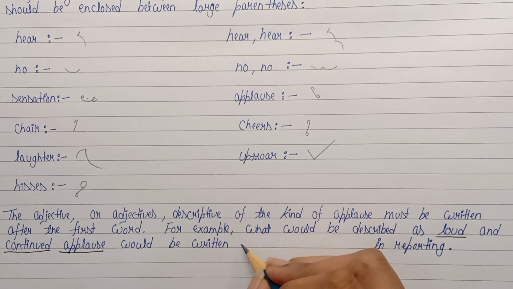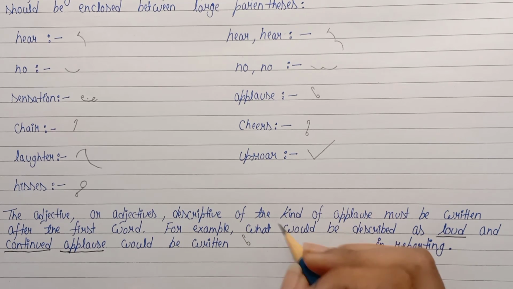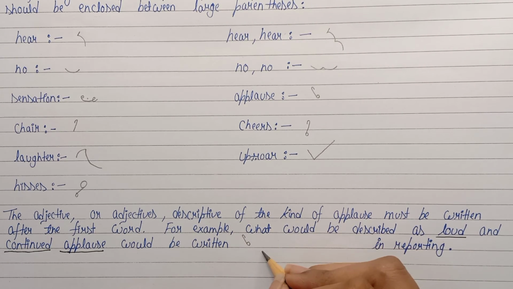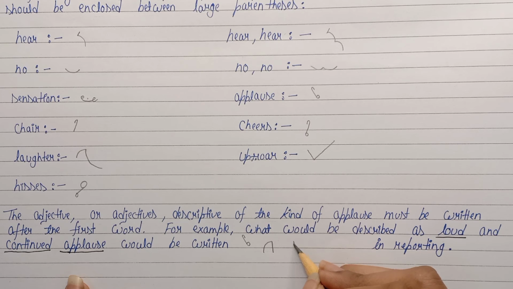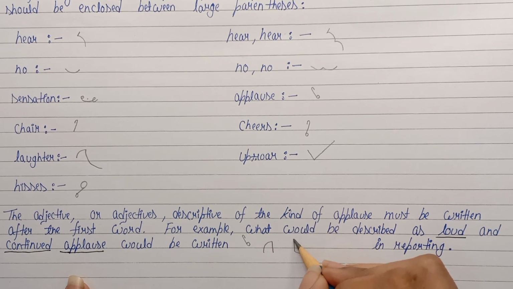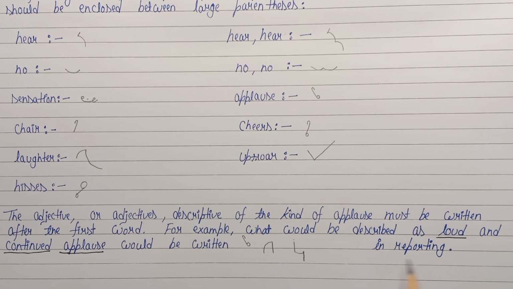So first applause, then loud and continued, T and D, continued. Okay, after the first word, for example, this is applause, then loud and continued in reporting.